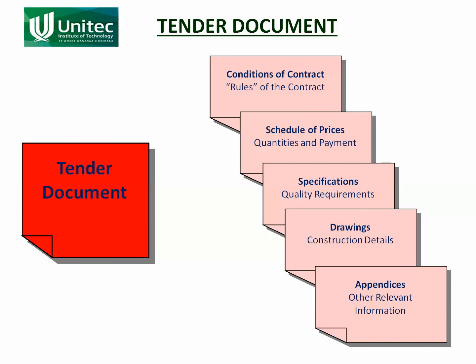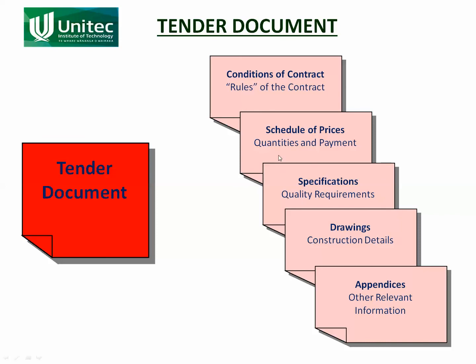So that provides the specific details of what needs to be built. And lastly, there's the appendices, which is other relevant information such as, say, geotechnical reports, consent conditions, and other things that the contractor needs to know about in order to accurately price the contract works.